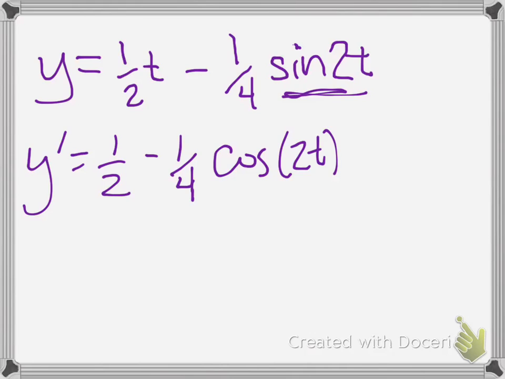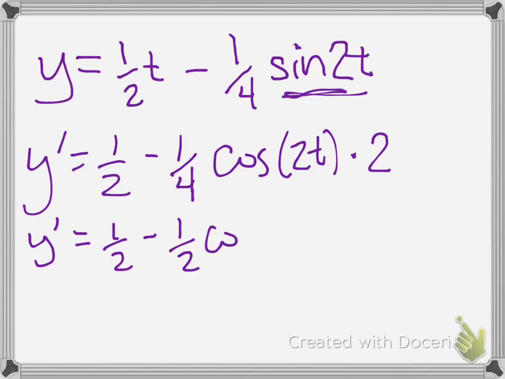And then 2t is the inner function, so I'm going to multiply by the derivative of 2t, again by the chain rule. Now I'll do this in two steps. 2 times 1/4 is 1/2, so we get another factor of 1/2, times cosine 2t.